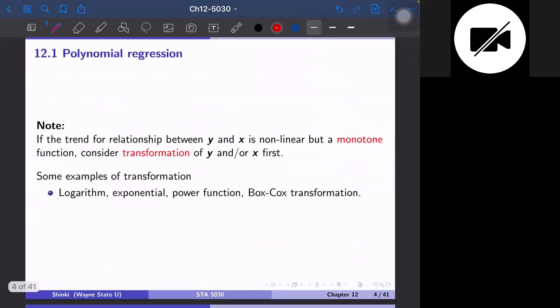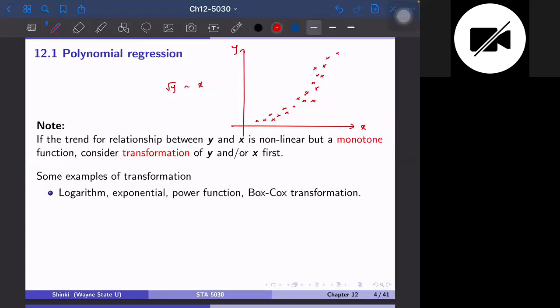So polynomial regression is more flexible than just regression with only x as predictor. But if the relationship is monotone, at first we have to consider a transformation of x or y. Think about the case where the plot is obviously different from linear, but monotone. In this case, rather than fitting a polynomial regression with degree 2, we can probably fit the square root of y on x.